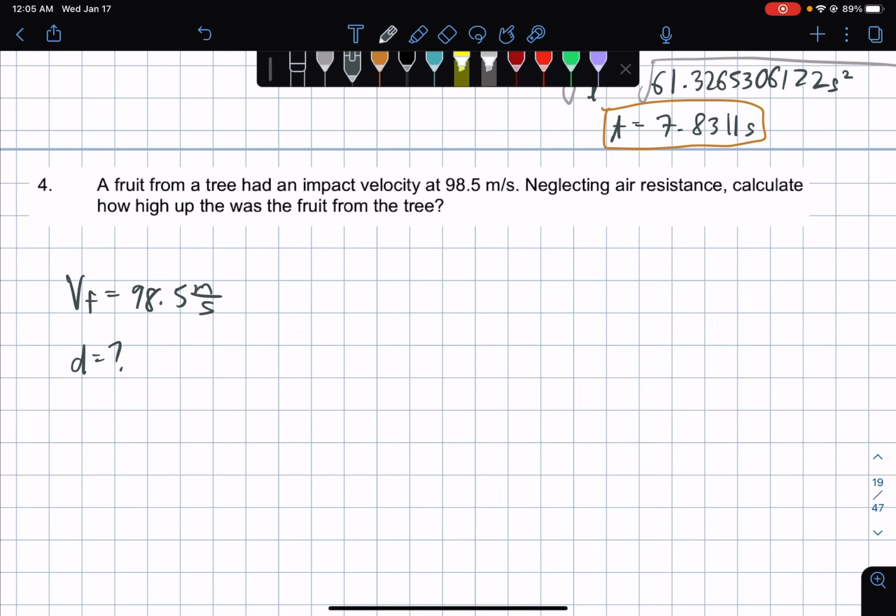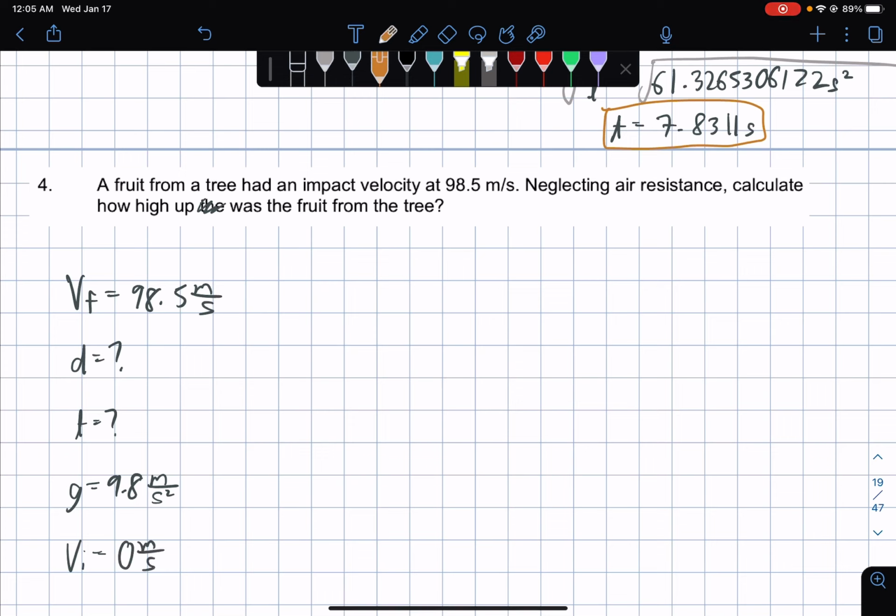Distance is missing. How high was the fruit from the tree? Time is missing. I suppose we do have gravity. Vi is 0.